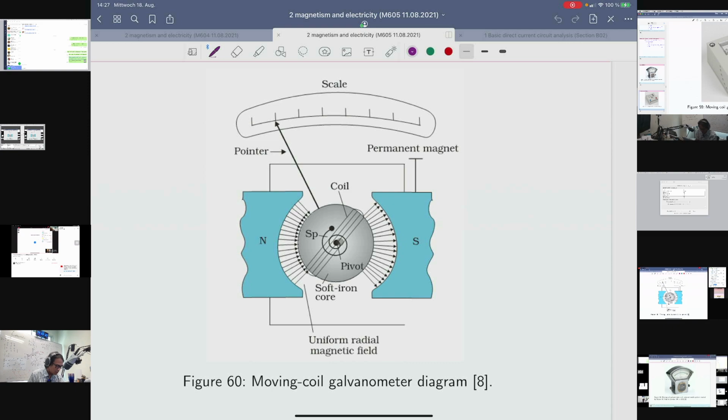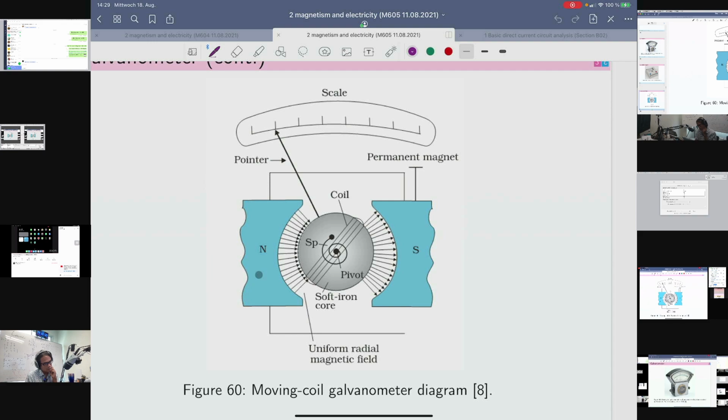For example, at the beginning the needle just stays at this position. There are magnetic field lines coming from the north pole to the south pole, and of course in the shaft there is the coil around the shaft.